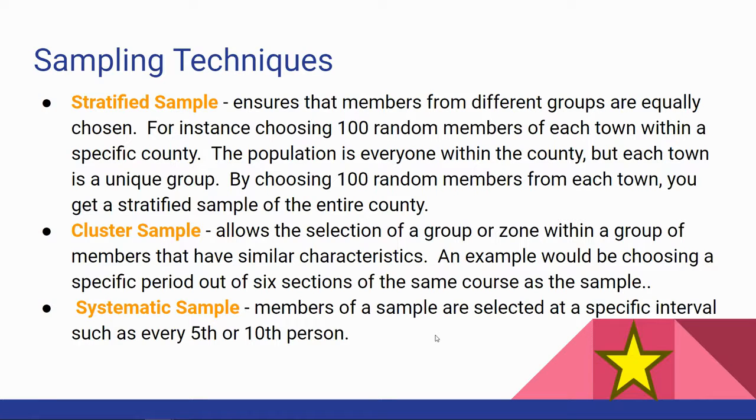Another example with that, at Temple High School, if you were to pick, say, 15 students from each of the grade levels. That would be a stratified sample. As long as everybody in each grade level had an equal chance of being picked, then your stratified sample would be random, but you would be picking from each individual group.